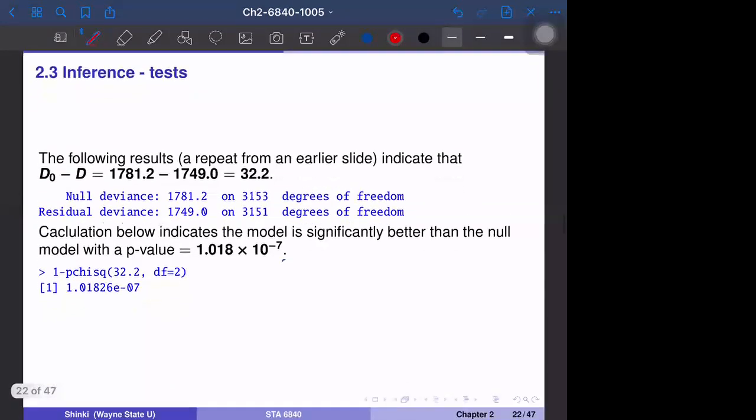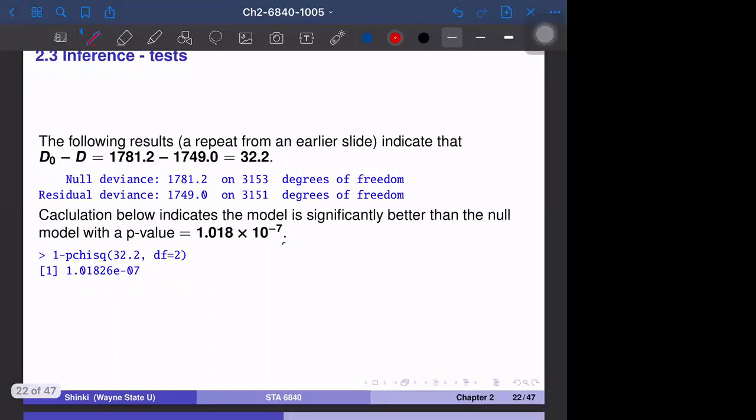Okay, so now we have an example. Remember that we regress the occurrence of heart disease, that is Y. Y is the inverse logit function of eta, and eta is equal to beta naught plus beta 1 x1 plus beta 2 x2, where x1 is the height and x2 is the number of cigarettes per day.